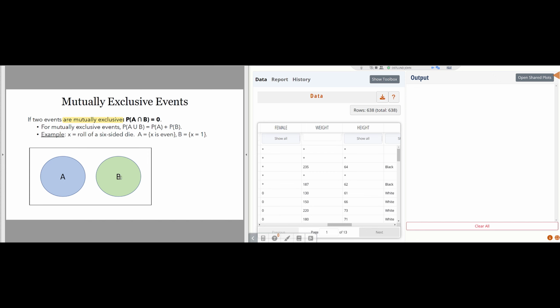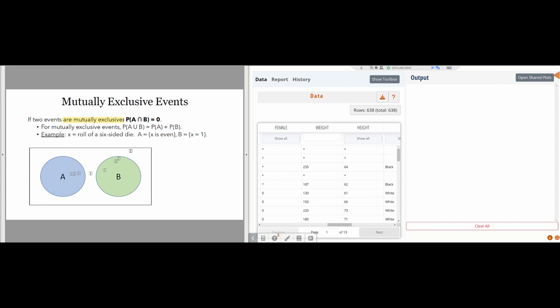Perhaps event B here is that the person that we have randomly selected is not married. Now, the probability that a person is married and not married is 0. These are mutually exclusive events. B is the complement of A and vice versa.